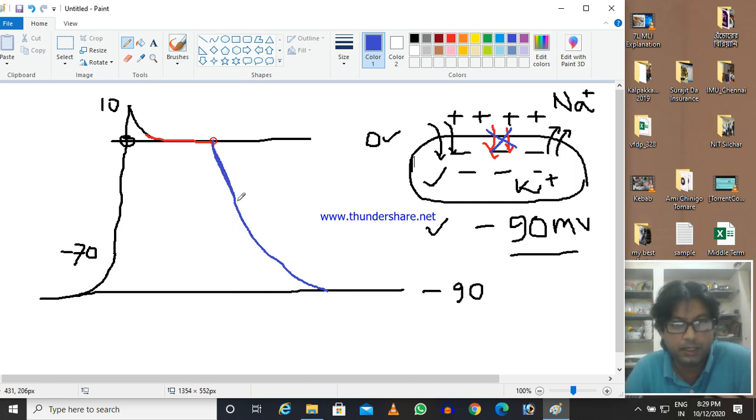This phenomenon from 0 to again minus 90 millivolt is called repolarization of the cardiac myocyte.